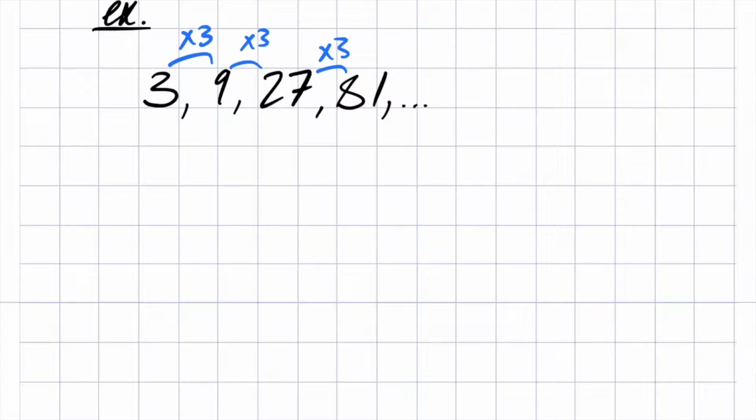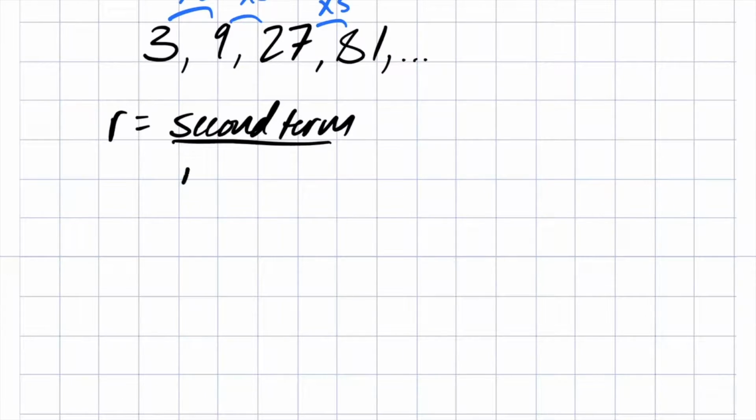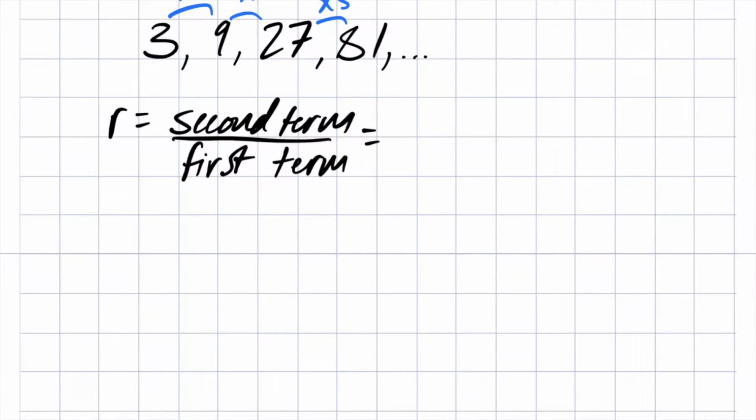But let's go ahead and do the math the way I just taught you. Okay? So R equals second term over first term. And in this case, it's going to be 9 over 3, which is 3. Okay? That's our ratio.